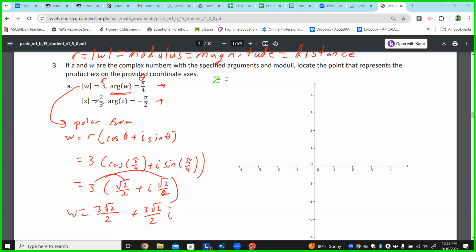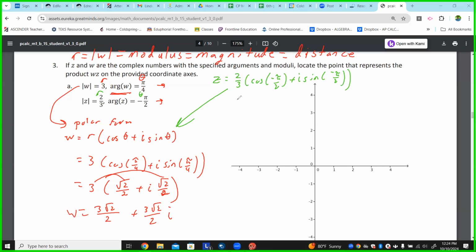Same math. This time, this is the R and this is the theta. So this would then be 2/3 times cosine of negative pi halves plus i sine of negative pi halves. Again, just plugging into the polar form equation. Here's the thing that you might not know, but we've said it enough times.